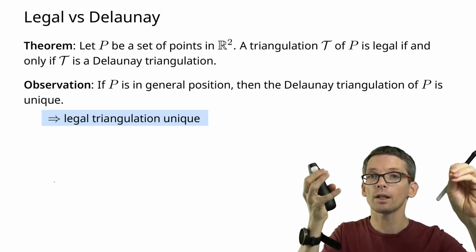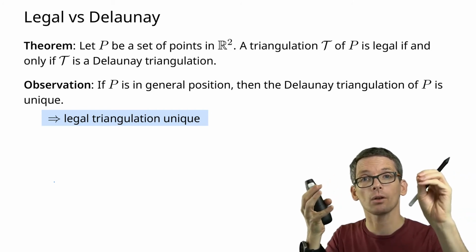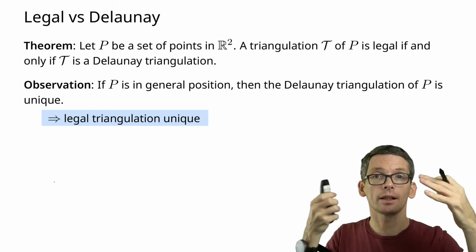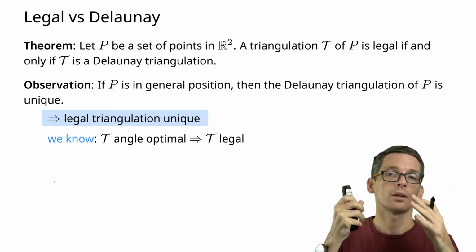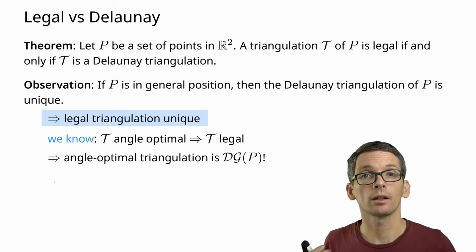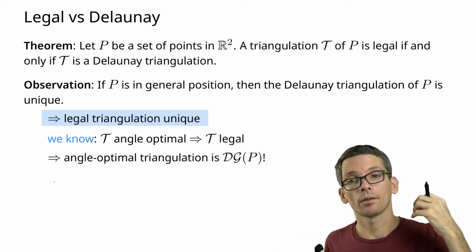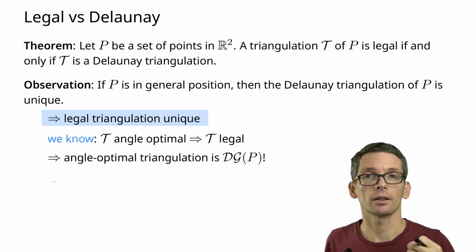If there's only one legal triangulation, then that legal triangulation is also angle optimal. That means that in this setting of general position, angle optimal, legal, and Delaunay are all the same thing. In particular, the Delaunay triangulation in this setting is angle optimal.